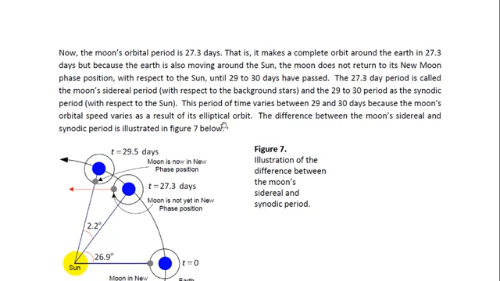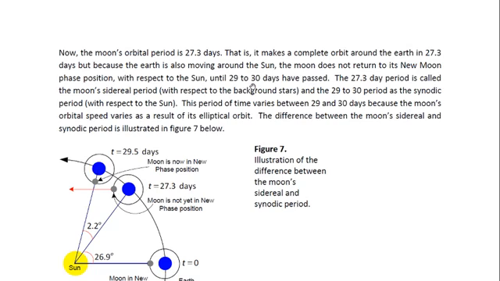Then the moon has a period of 27.3 days, but because the Earth is moving in an orbit about the sun, the moon doesn't get back to the same position where we can again get a new moon for between 29 and 30 days.